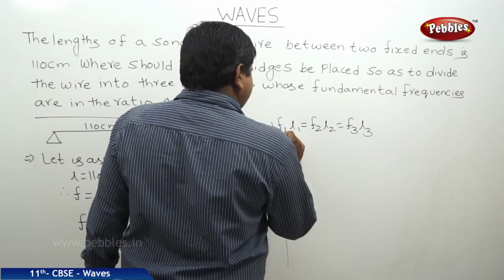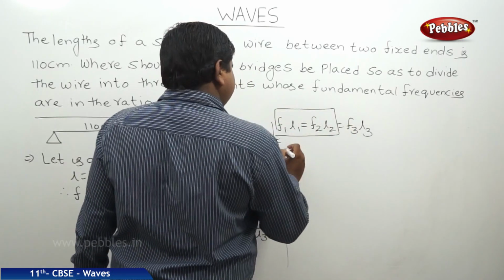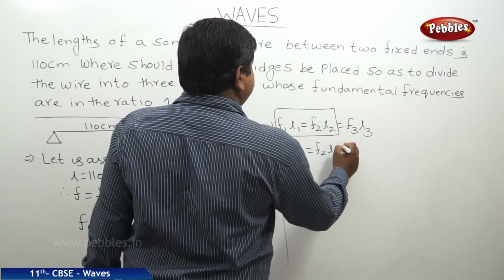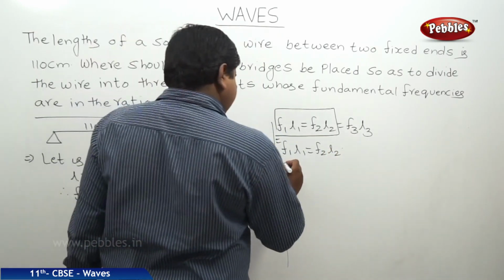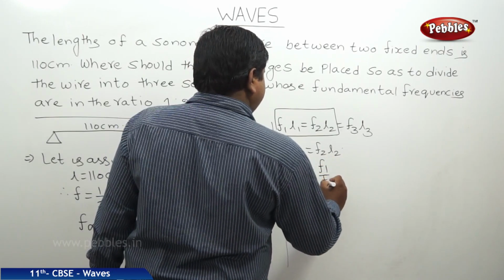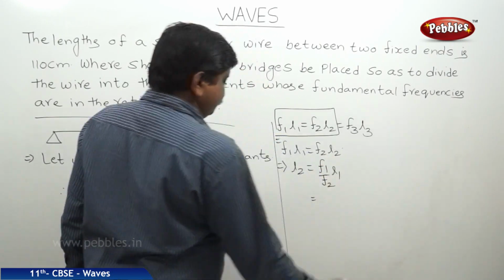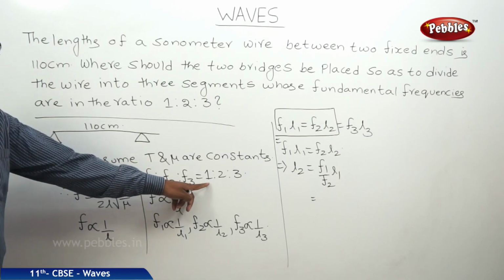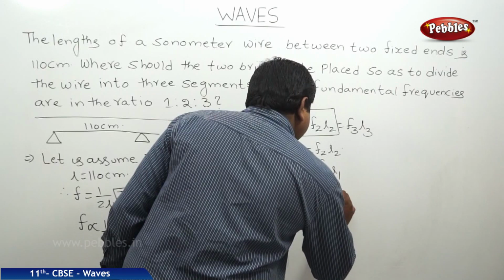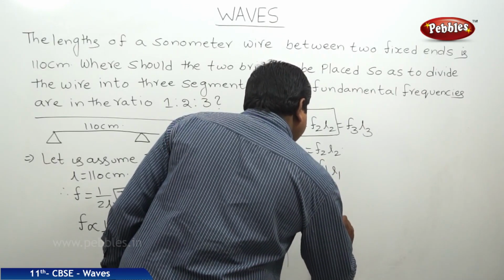I am comparing f1 and f2. f1L1 is equal to f2L2. From this, L2 is equal to f1 by f2 into L1. We know that f1 is equal to 1, f2 is equal to 2. Therefore, L2 is equal to L1/2.